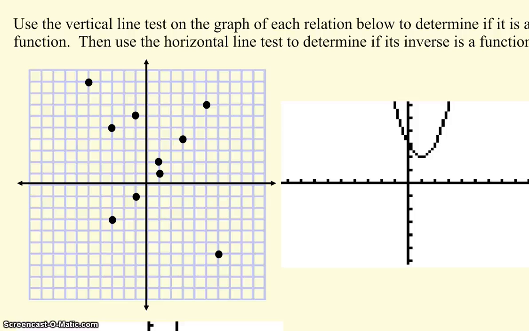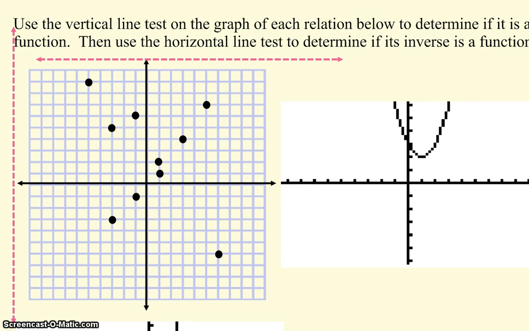Let's check your work with the vertical line test. Here comes our vertical line. As it's passing through this graph, this relationship, I can see at this point that the original graph is not a function. That hasn't answered the question about the inverse, though. I need to see if the inverse would be a function. So to do that, instead of regraphing all of those points, I'm just going to come along with the horizontal line test.